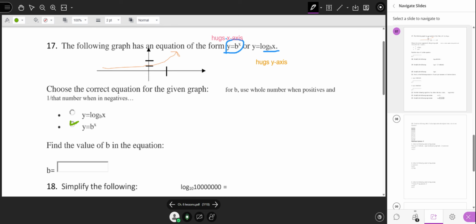Now, you'll either look at 1 or you will look at -1. If it gives you a fraction at one of these, don't look at it. Okay?